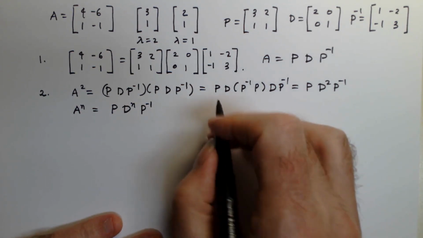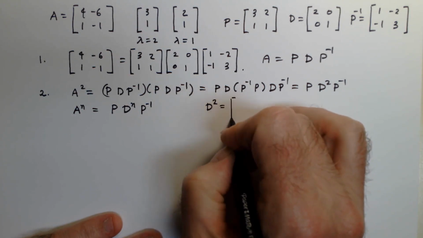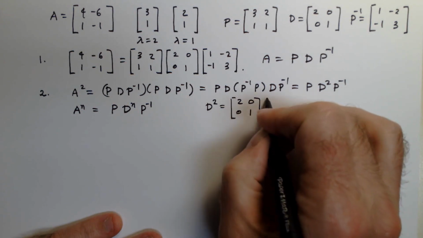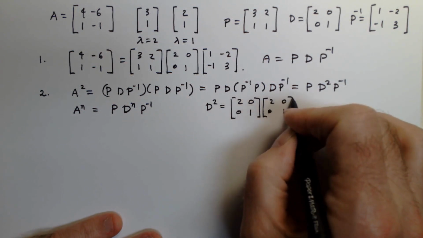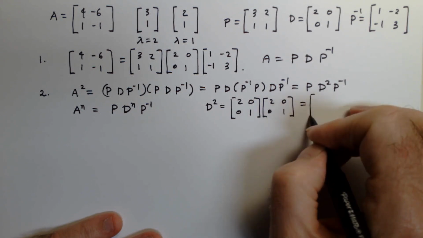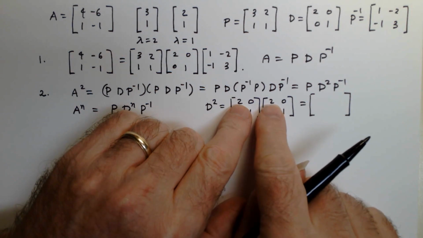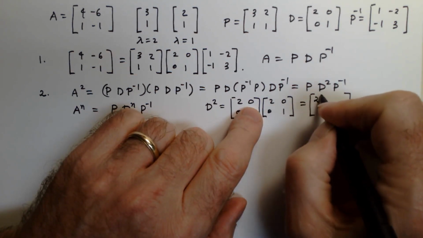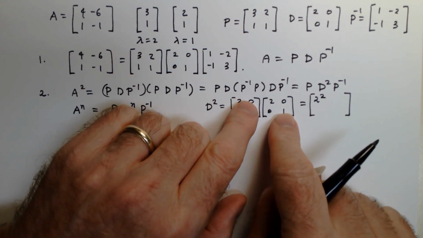So if I take the matrix D times itself, we can clearly see what's going to happen. When I do this first dot product, I'm going to get 2 squared plus 0. Then I'll have 2 times 0, which is 0, 0 times 1, which is 0.